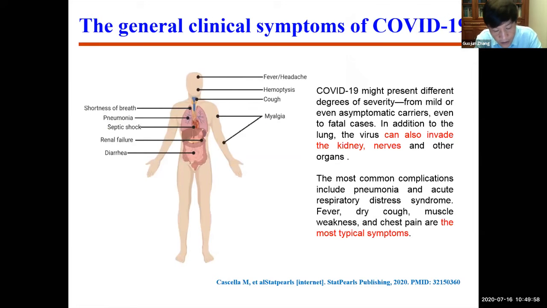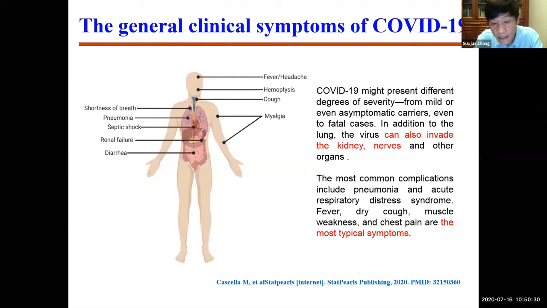As is known to everybody, coronavirus can induce severe pneumonia. For example, fever, dry cough, and chest pain are the most typical symptoms. But actually, not only can this virus invade lung tissue, but also the heart, kidney, intestine, and other organs.